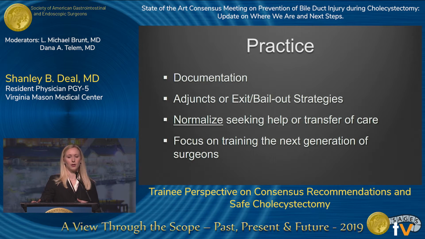Because initially, your confidence may not be as high. You don't have that experience yet, and being incredibly safe during the first few years out in practice is essential to your career and to the safety of your patients. And so really teaching these adjuncts or exit bailout strategies, I think, is the crux of resident training, and the SAGES didactic courses do go over those, and I think is a fantastic stepping stone for getting more education on this for residents.